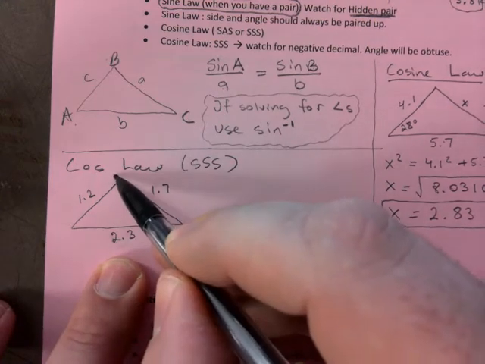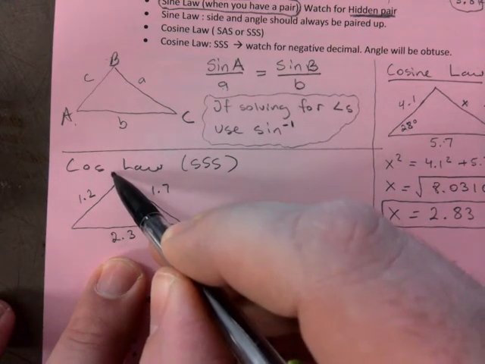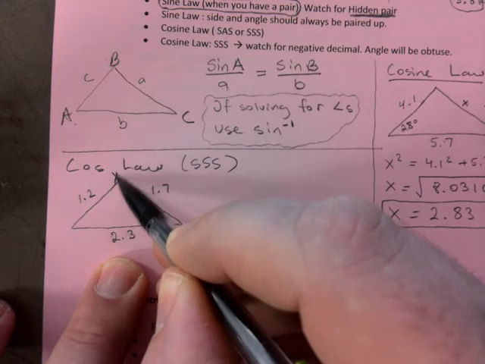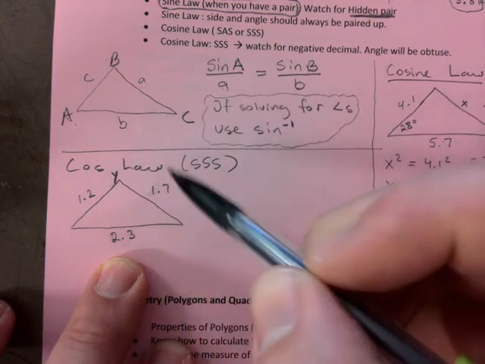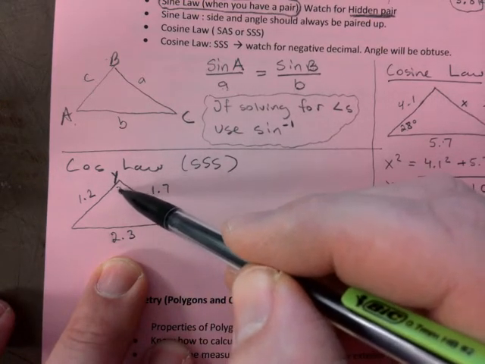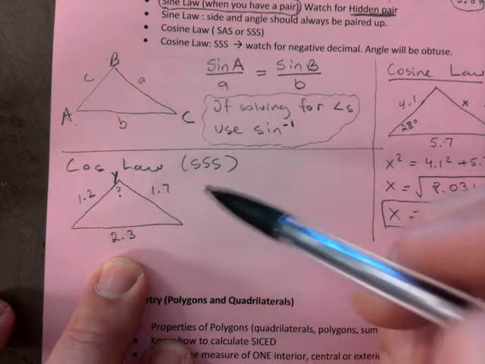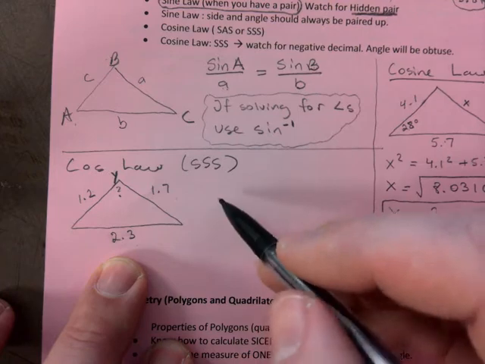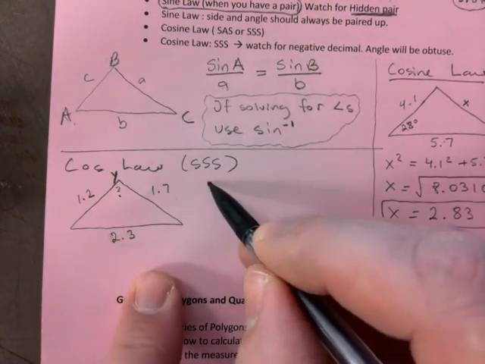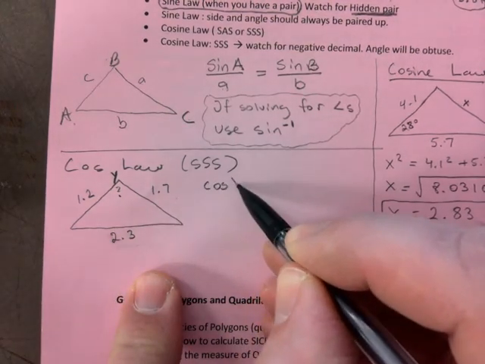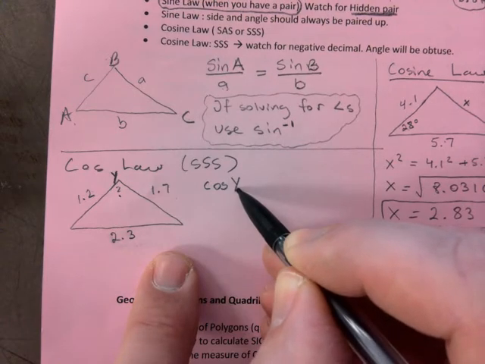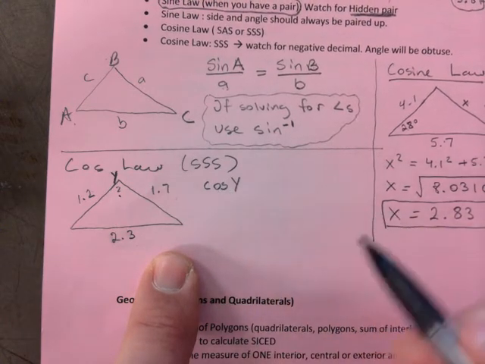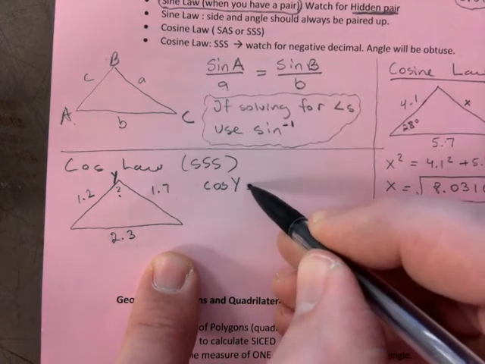And let's say we want to find angle, let's call this angle Y. Like, let's say you want to try to find this angle here. First of all, if it's side, side, side, you know you have to use cosine law. And so the way you do that is you go cosine of Y. Remember, the angle can never just appear on its own, it has to be glued with a cosine or sine.